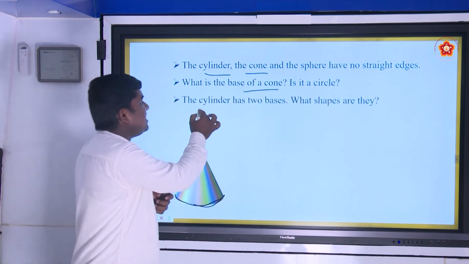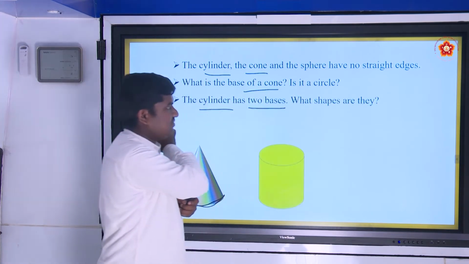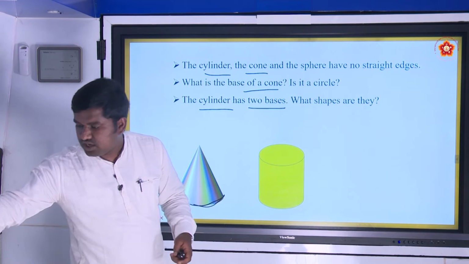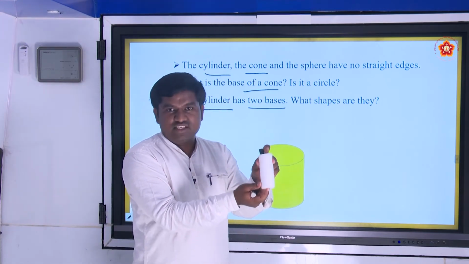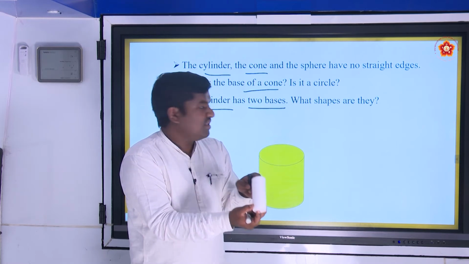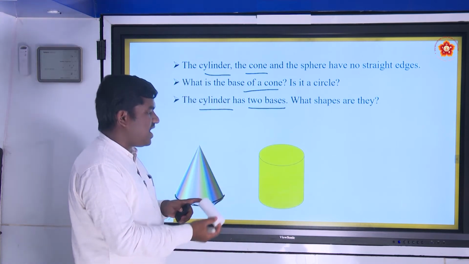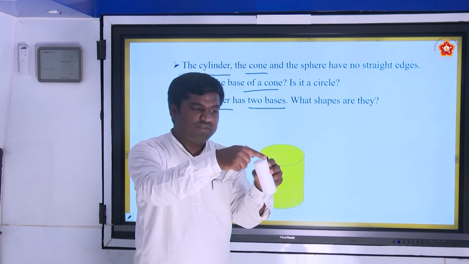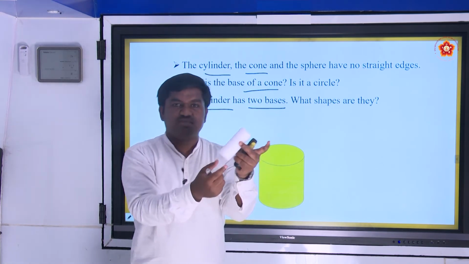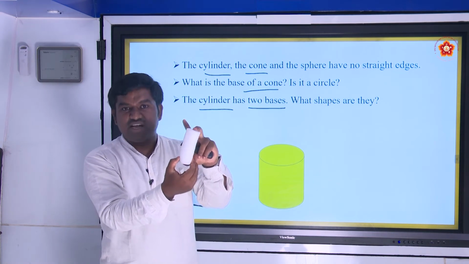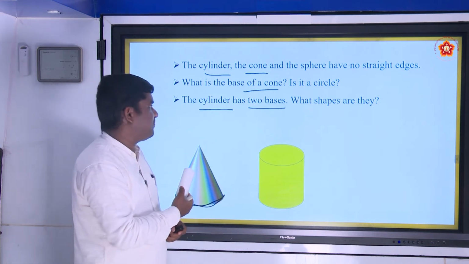Next, the cylinder has 2 bases. See, this is the cylinder. It has 2 bases, this one and this one, 2 bases. Yes. What shape are they? Can you identify the shape? Are they circular? Yes. These 2 bases of the cylinder are circular in shape.